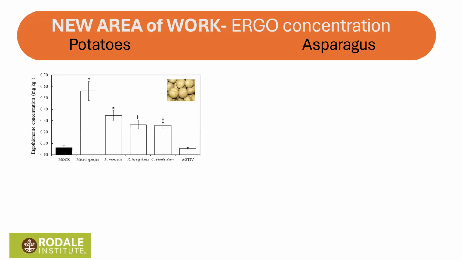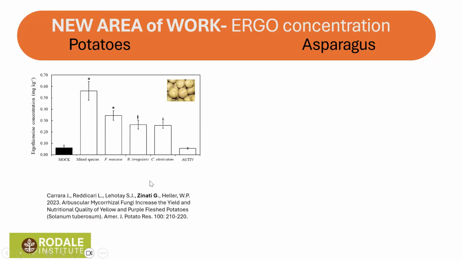It is like 5 times greater than without it. And then when we use the single ones, it really did not give the effect as the mixed species. This work has been published along with other colleagues, and it is published in the American Journal of Potato Research.